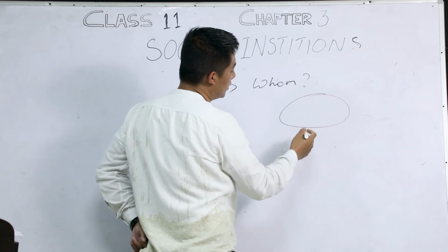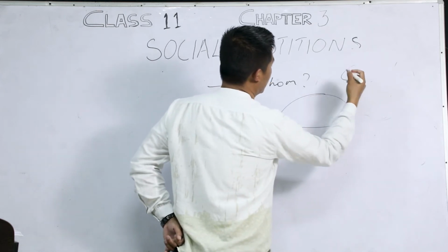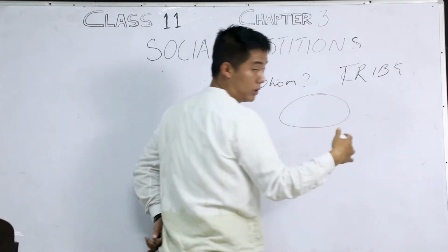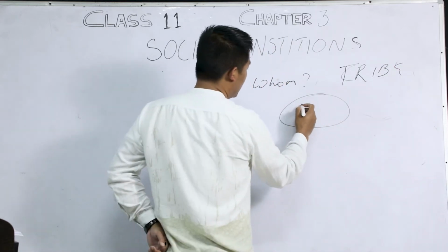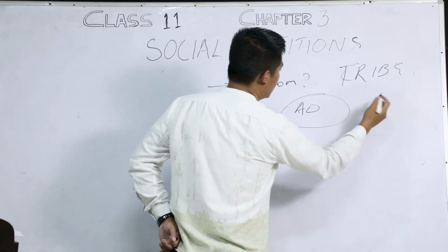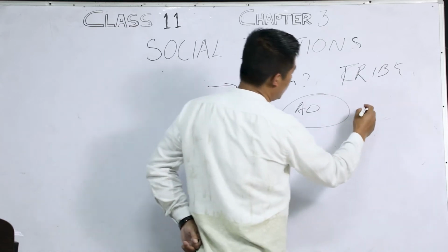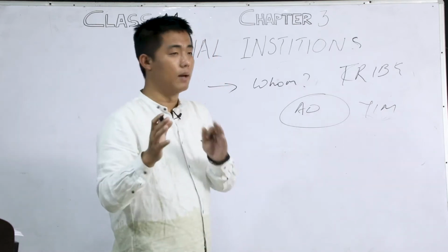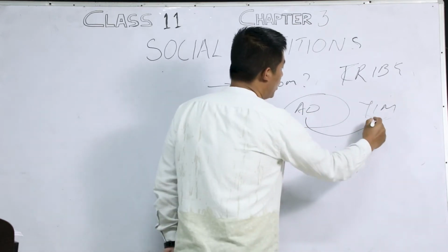Once again, I think this is easier to understand with tribe examples. For example, I belong to one community, and there is a person who belongs to Yimjungmer. If we have exogamy, I can only marry a person outside my group.